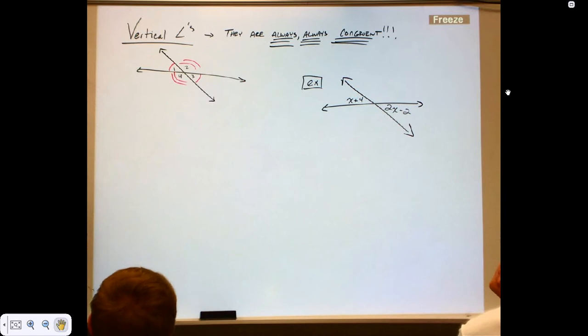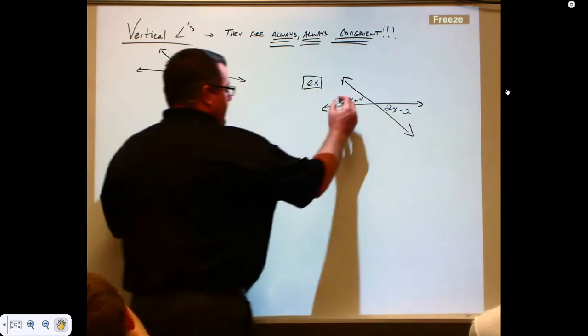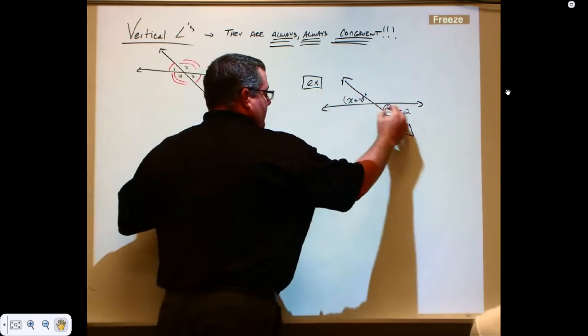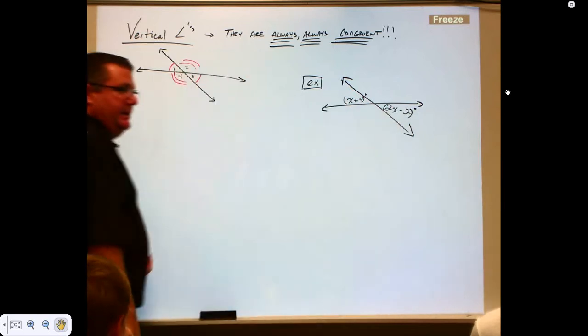Think you have a problem sitting just like that? I bet you'll have a problem like that. Now, this looks like an algebra problem, does it not? Of course, they'll probably put degrees around it. This represents the measure of this angle, this represents the measure of that angle, correct?